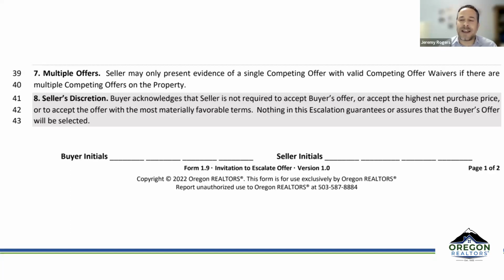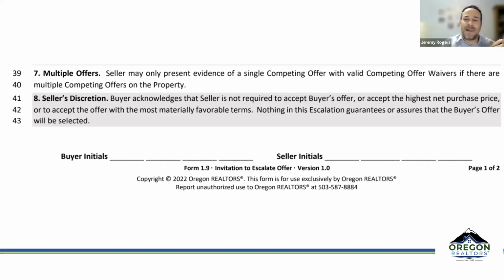We do not want a scenario where the seller is coming back to the buyer and saying, hey, here's one offer that could trigger your escalation that has a price of $450,000, but does not include waiver of inspections. Here's one at $459,000 that does include waiver of inspections. Which one do you want to escalate on? We don't want to get messy with this.